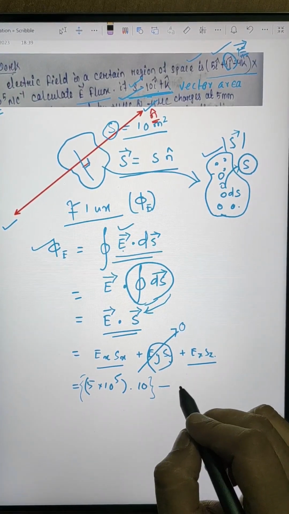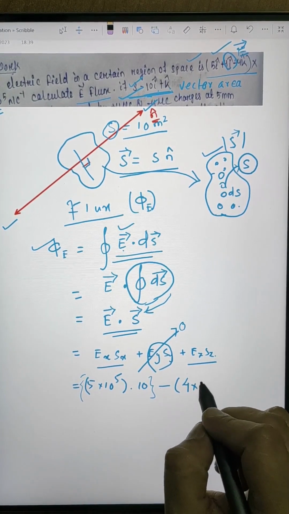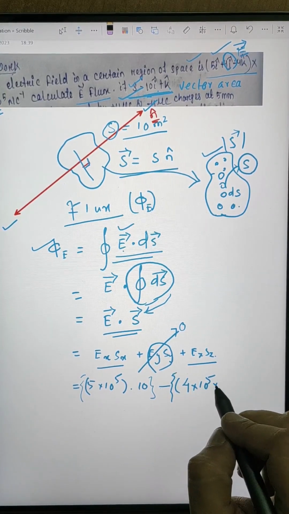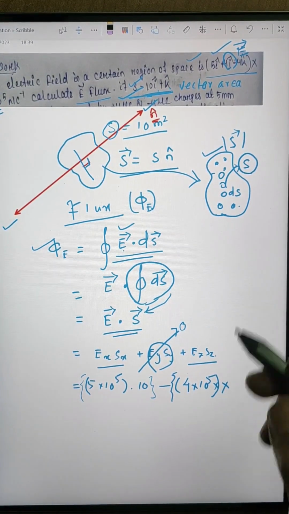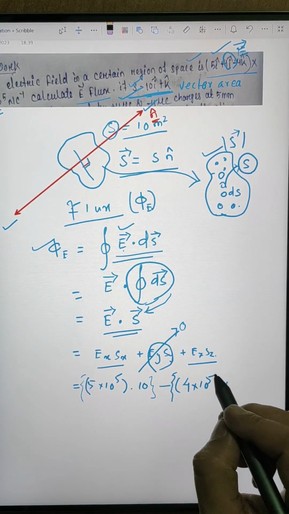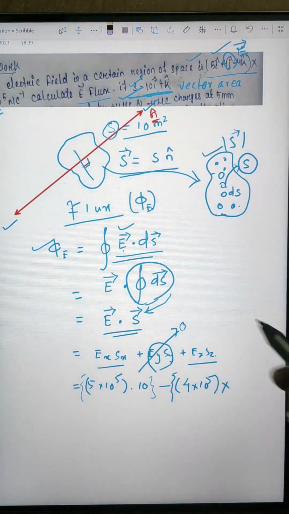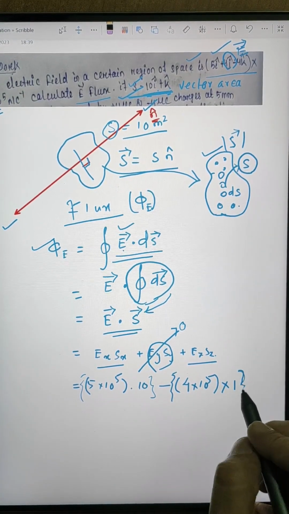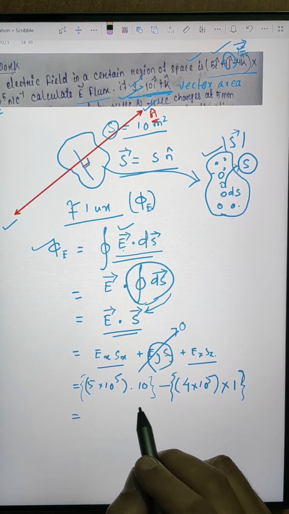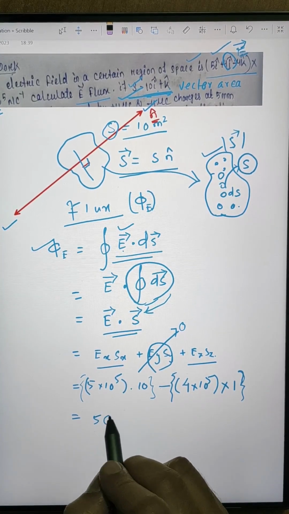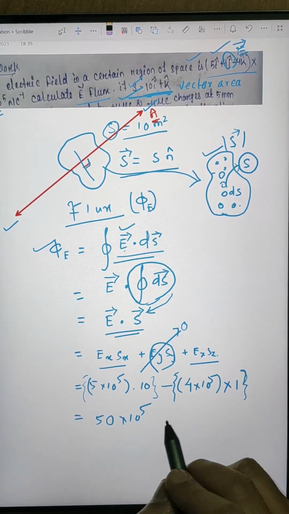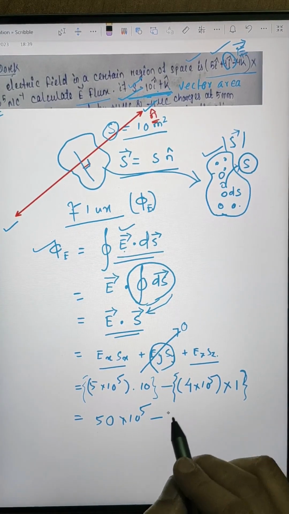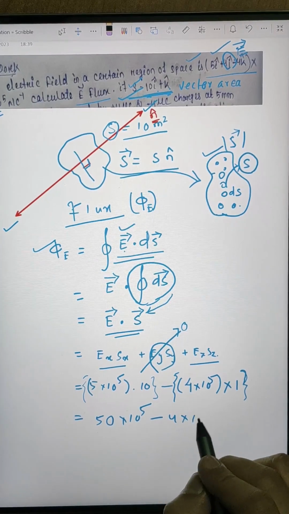So it's minus 4 times 10 to the power 5 multiplied by 1, because it's just k cap. So let's sum it up. It's going to be 50 times 10 to the power 5 minus 4 times 10 to the power 5.